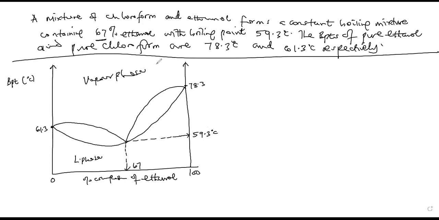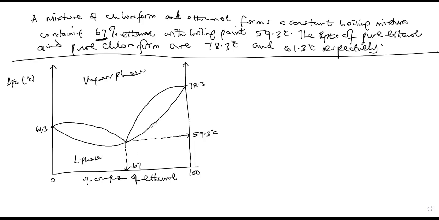So they can ask you to explain the shape of the graph. Everything starts from here. Since it has a minimum boiling point at 67% of ethanol, it implies that it deviates positively, because the x-axis is having the percentage composition of ethanol.